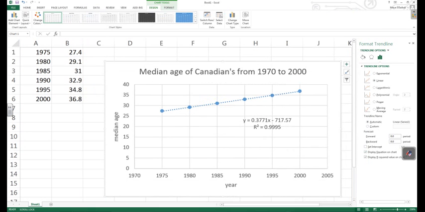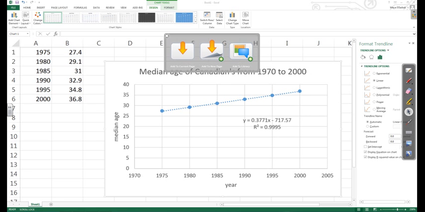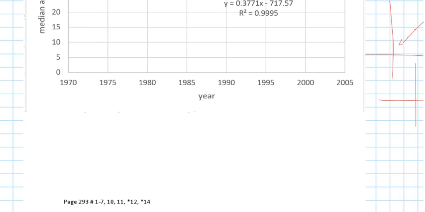So I'm going to use the snipping tool. I have my own special snipping tool.